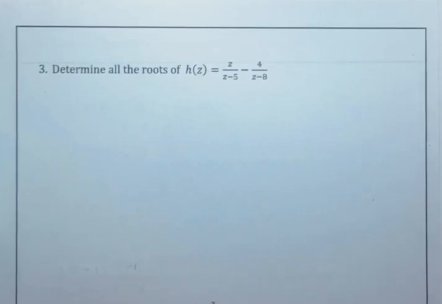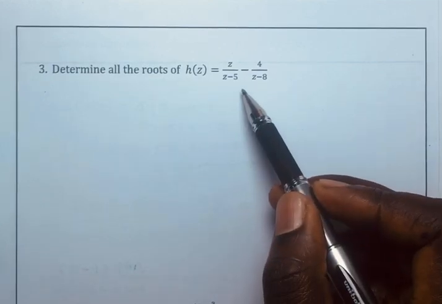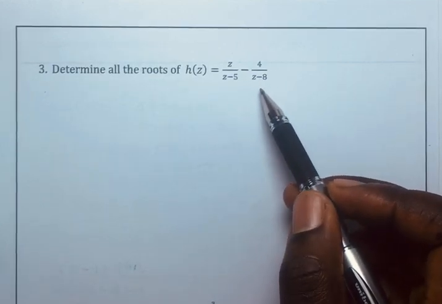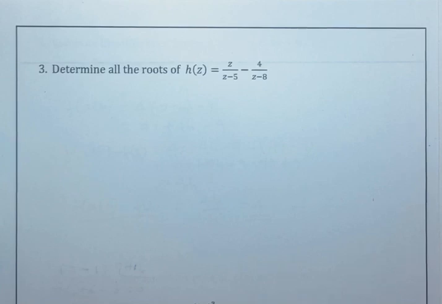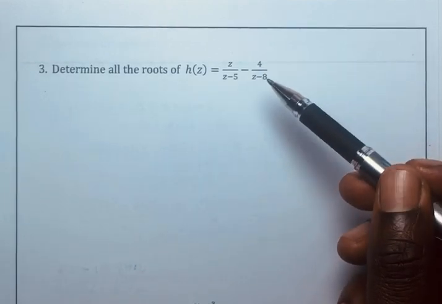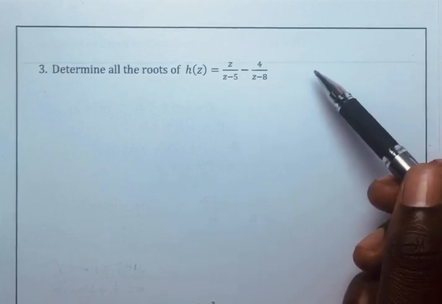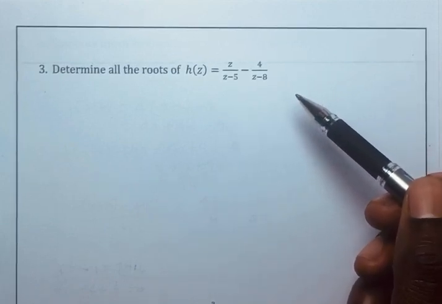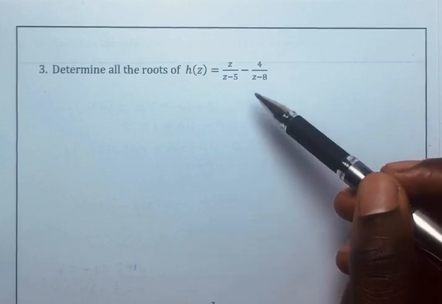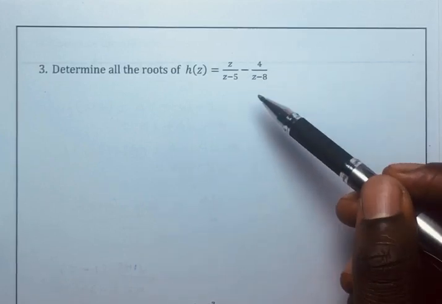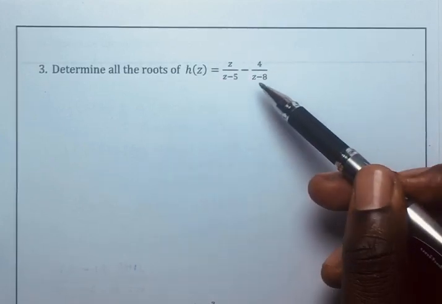Determine all the roots of h(z) = z/(z - 5) - 4/(z - 8). So the first thing we're going to do is to equate this expression to 0, and then multiply the expression by the LCM.